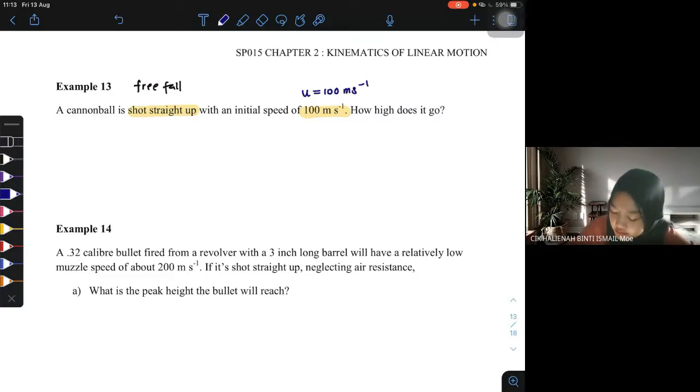And then soalan minta how high does it go? Maksudnya dekat sini high ni kan displacement in terms of vertical point. Sebab free fall kita hanya ada satu komponen saja. So obviously dekat sini we want to find SY. So how do we find SY?